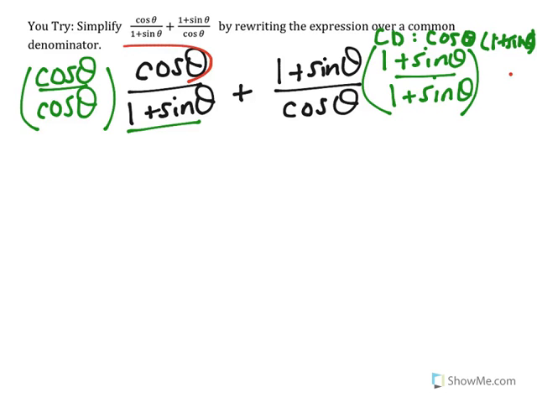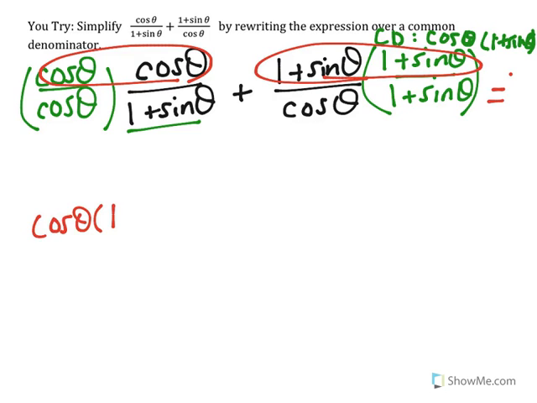Now at this point, we are going to do some multiplying up top. Leave the denominator the same. So I'm going to leave it cosine of theta over 1 plus sine. And cosine times cosine is just going to give me cosine squared.